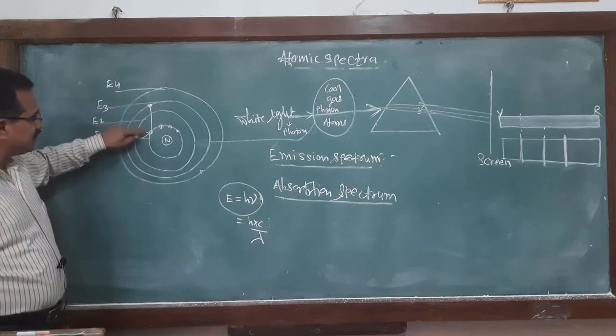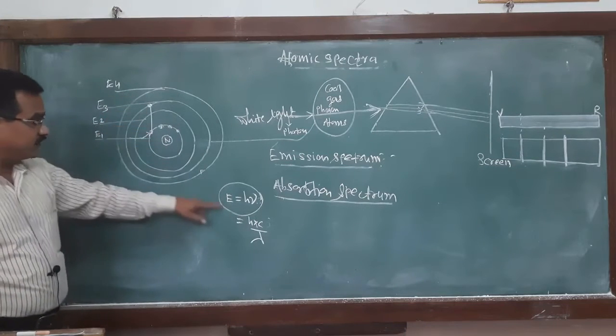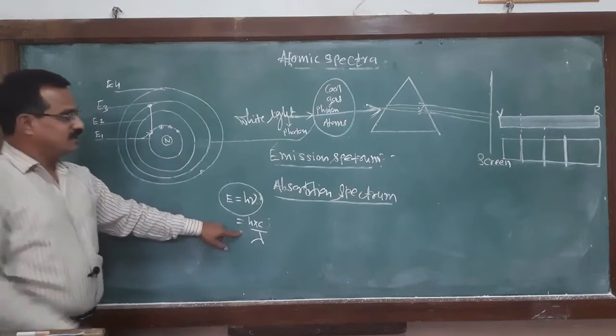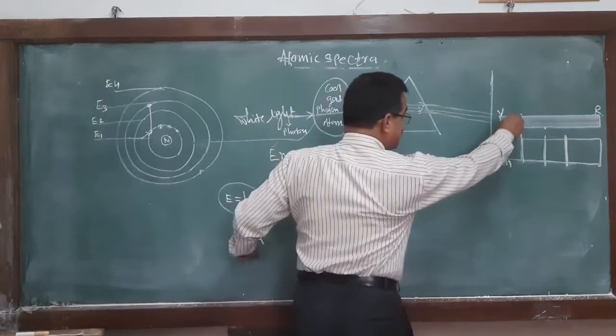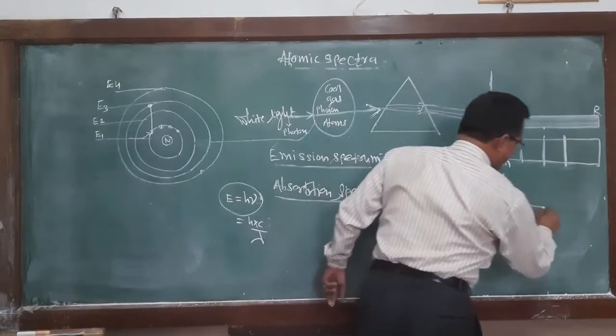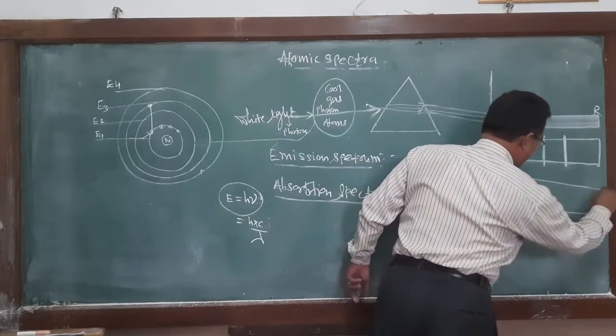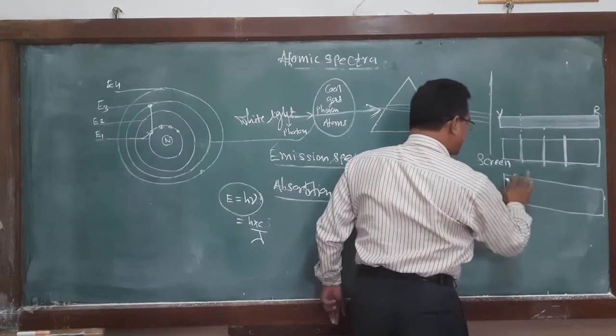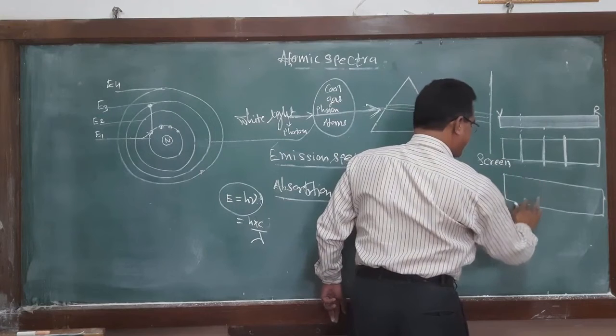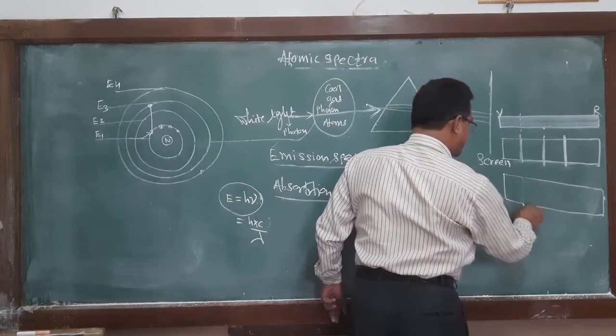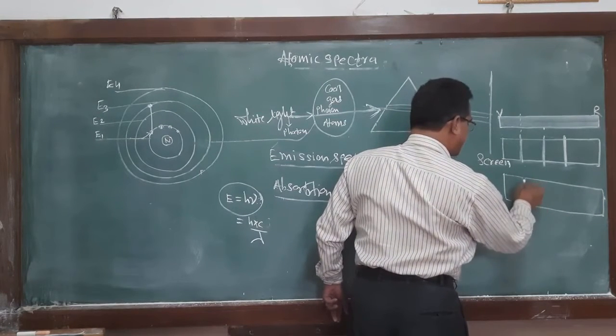And the corresponding wavelength of that photon is absent from the continuous spectrum. For that reason, we get a dark line.